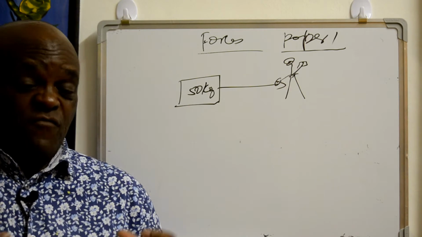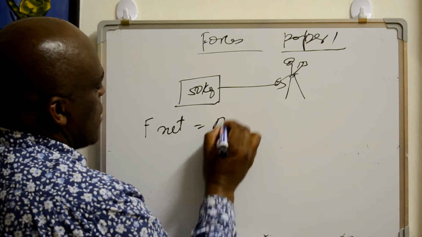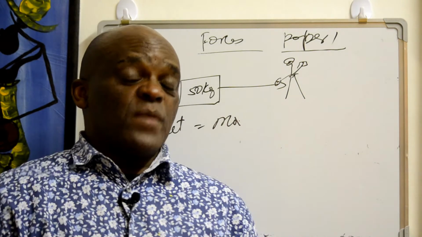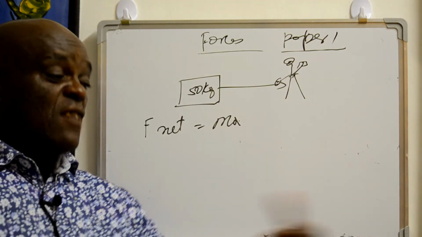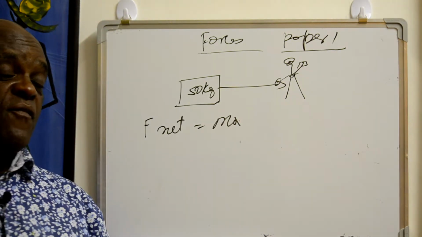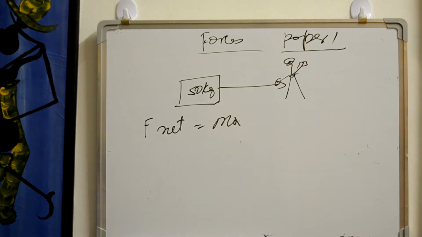We talk of a net force, F net. What do you mean? We talk of F net, which is equal to mass times acceleration. We are referring to how many forces will be acting. If I pull this table, there is another force acting in the opposite direction of what I'm doing. That force is called a frictional force. It's always in the opposite direction.